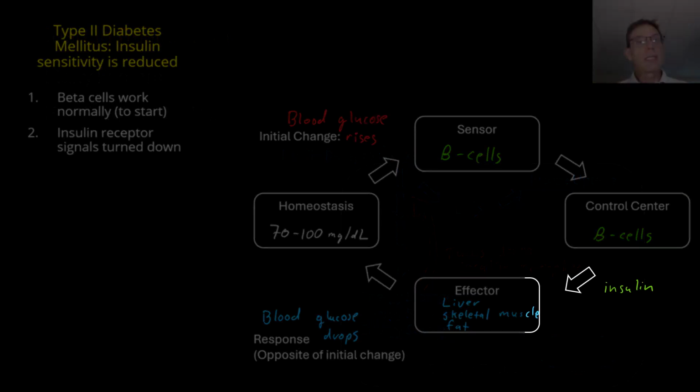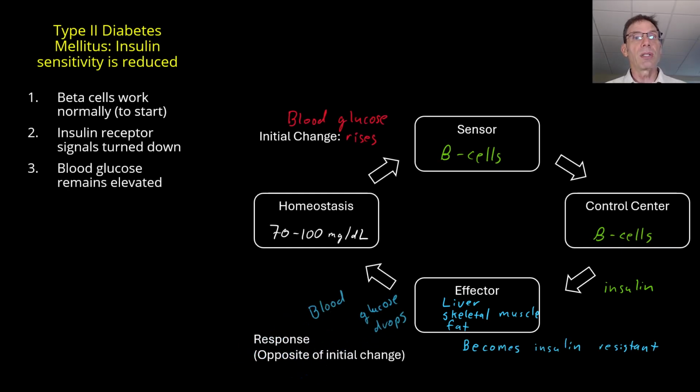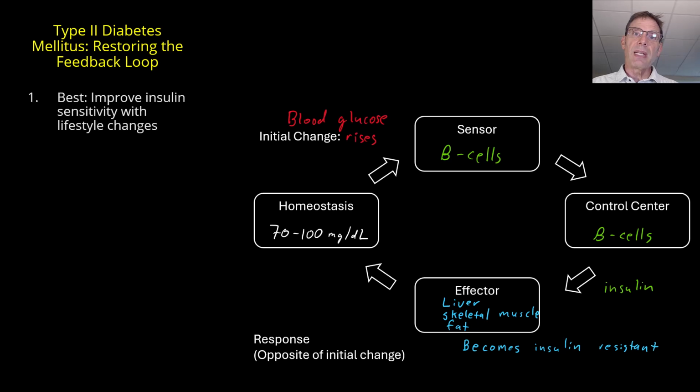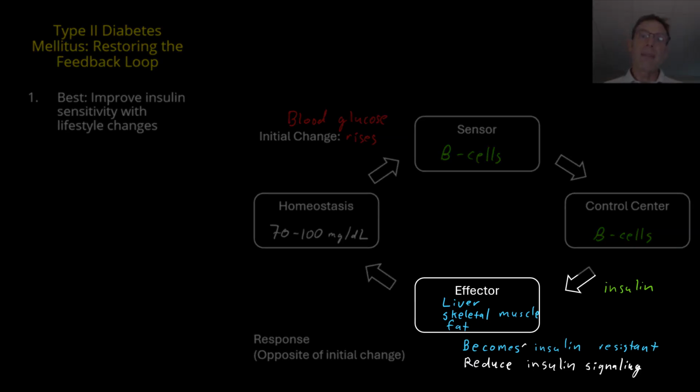So even though insulin levels in the blood can be high, the target tissue isn't responding by taking in blood glucose. The best way to deal with this situation would be to restore insulin sensitivity, which could be done by relieving feedback inhibition in the target tissue.